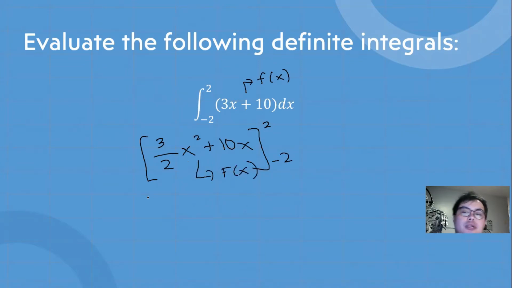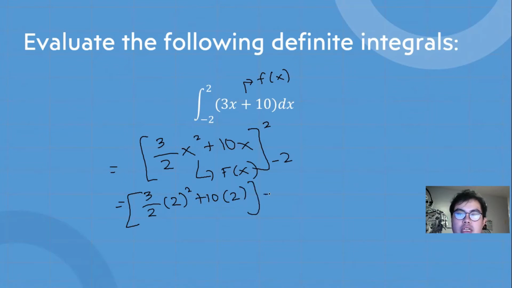Okay, so what we are going to do here is substitute po. So it will become 3 over 2 times 2 squared plus 10 times 2, minus 3 over 2 times negative 2 squared plus 10 times negative 2.